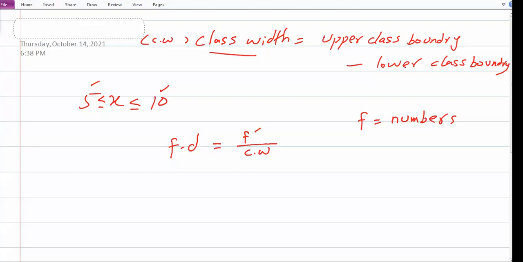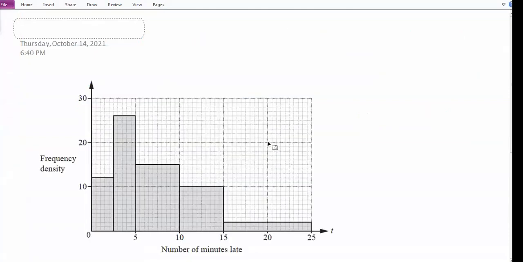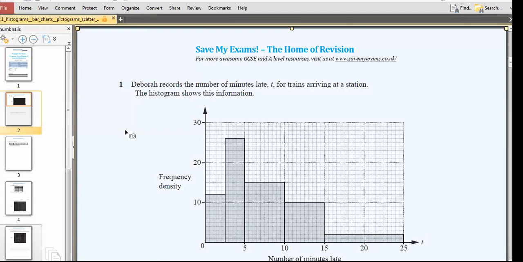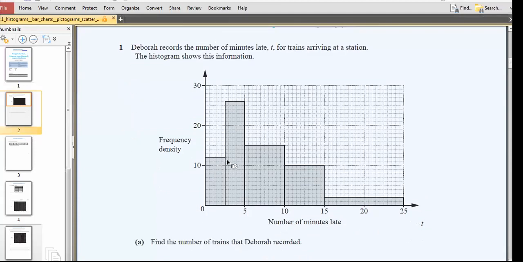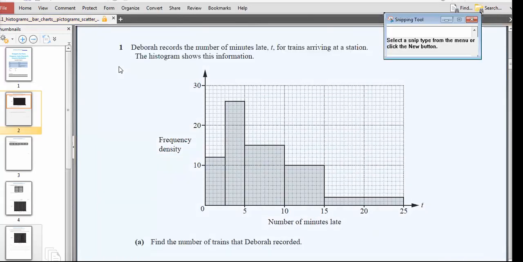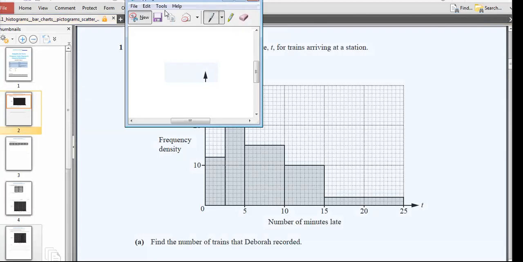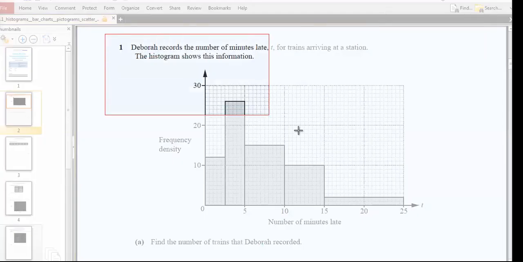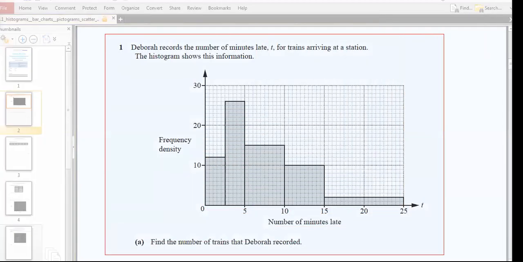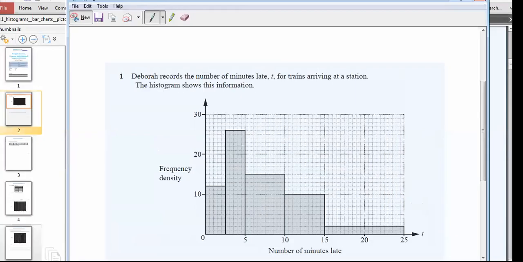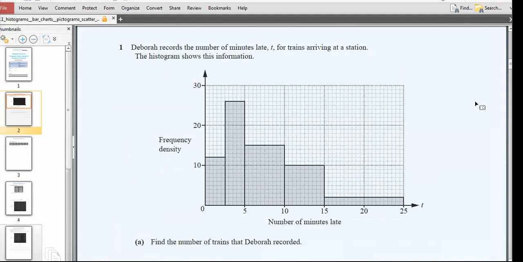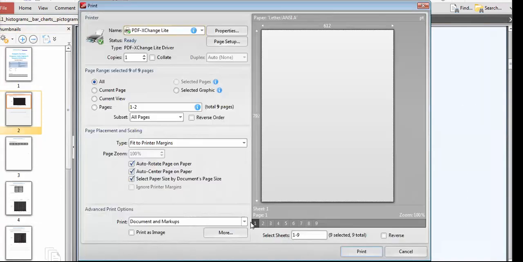Okay, have a look at this question. Is it not better if I open all the sheets at once? Just give me one minute, please.